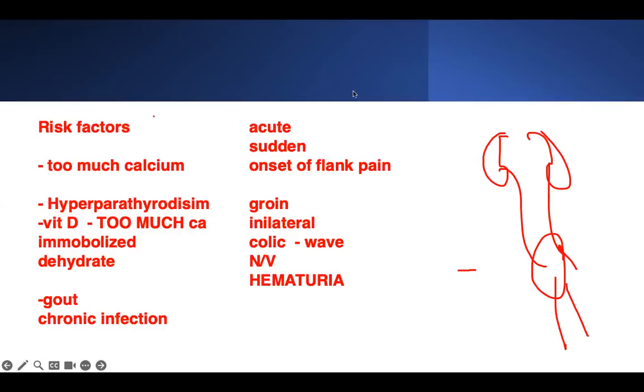If the stone blocks here, urine doesn't flow. You're going to have the ureter get bigger, and urine stasis goes there, and it can get infected. So you can have dysuria from blockage, and you can have signs of UTI. That's what we call hydronephrosis. That means the ureter gets bigger, and the fluid is retained over there. So pay attention to that.